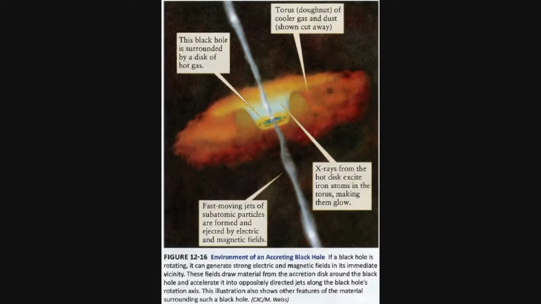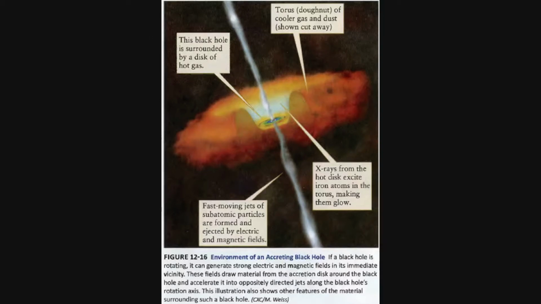We can tell that because there's a bunch of things moving around them at ridiculously high speeds. And the gases are being sucked in at really high speeds, and they're heating up and giving off radiation.